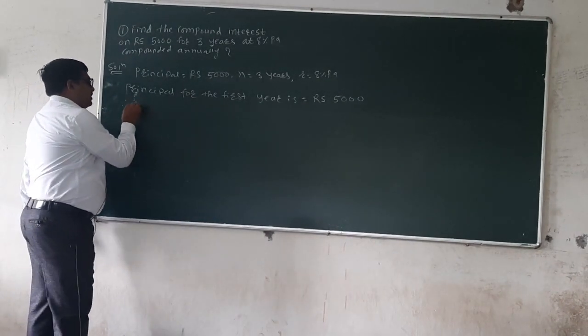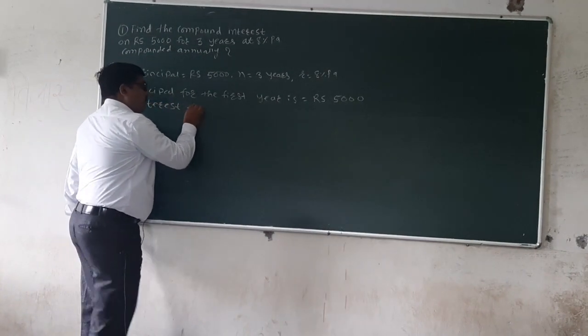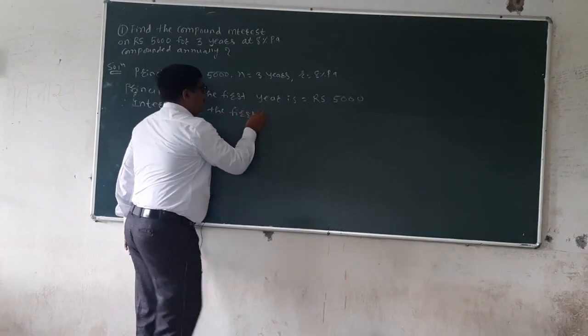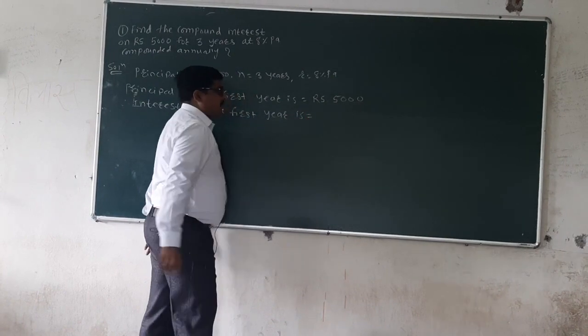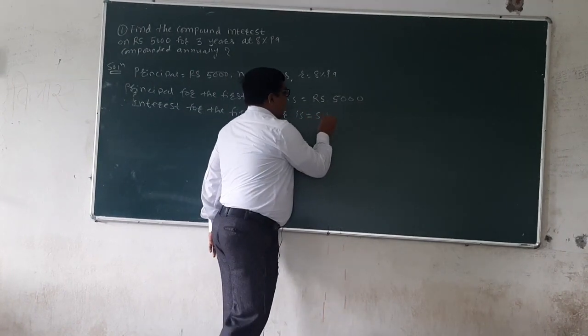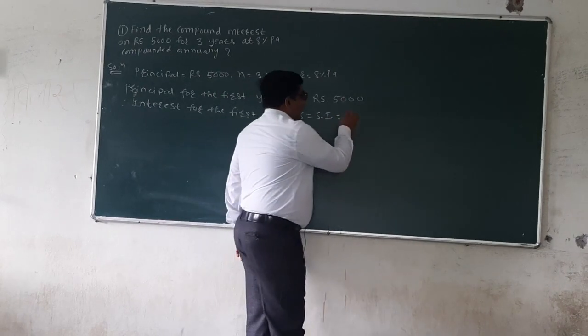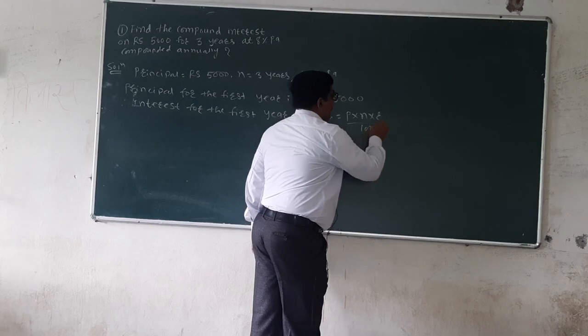Now, interest for the first year: SI equal to PNR upon 100.